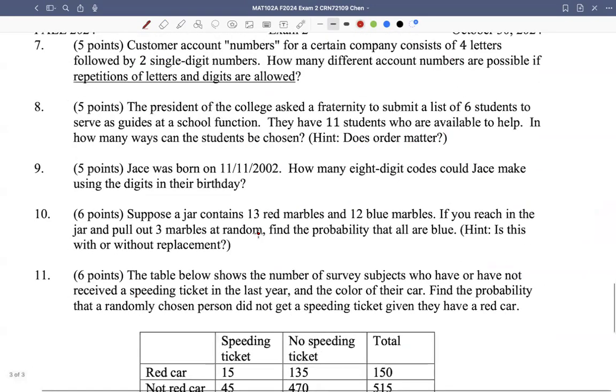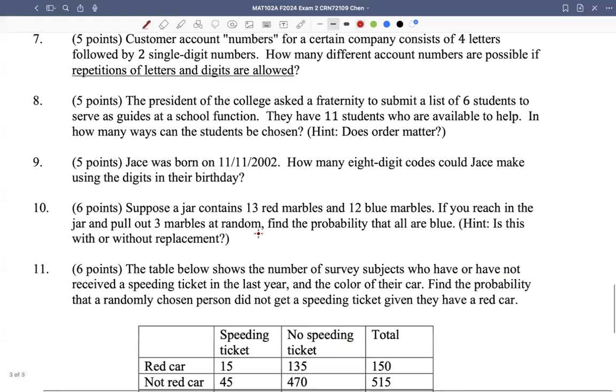Let's see, question 7 worth 5 points. Customer account numbers for a certain company consist of 4 letters, and always underline the important information, followed by 2 single-digit numbers. So we can just draw 6 lines, right? 1, 2, 3, 4.